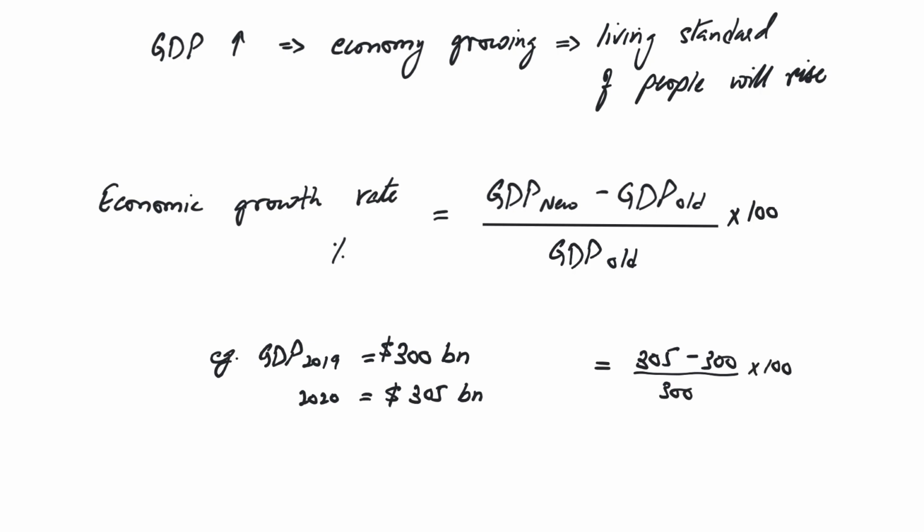So by doing this, you will basically get कि कितने percent से growth आई है. When you do this, you get a value of 1.67%. So that means the economy is growing by 1.67%. All right.